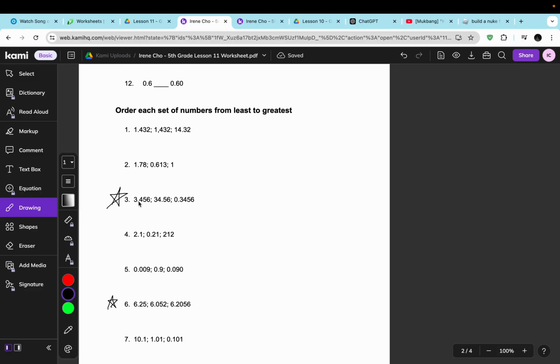And so before the decimal point is a 3, and before the decimal point for the second number, there's 2 numbers, and we're still going to include it. So it's 34, and the number before the point for the third number is 0. So out of these 3 numbers, the smallest number is 0.